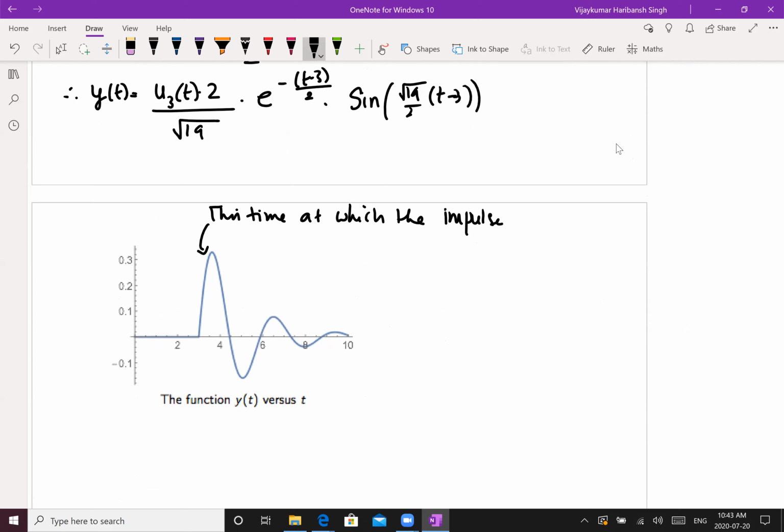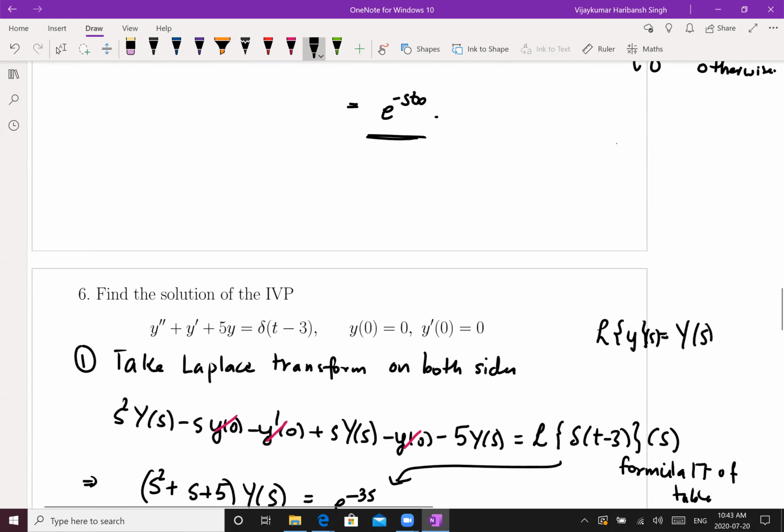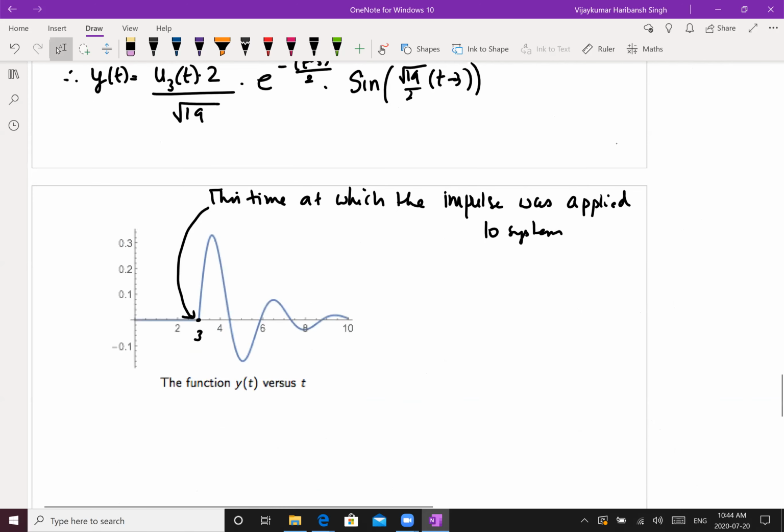The impulse was applied to the system at t equals 3. And if you see, that is correct: at t equals 3, you have the impulse function applied.